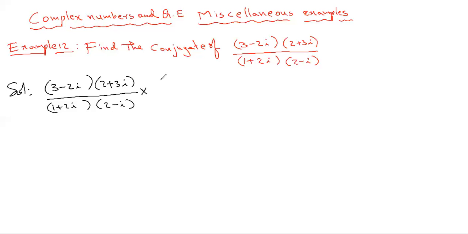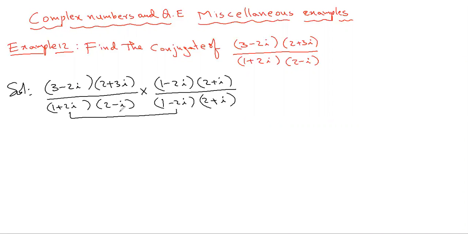Let us multiply with 1 minus 2i and 2 plus i in the numerator and denominator. Then these two become 1 square plus 2 square, and these two become again 1 square plus 2 square.